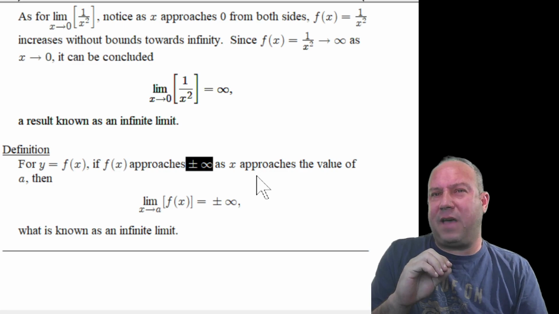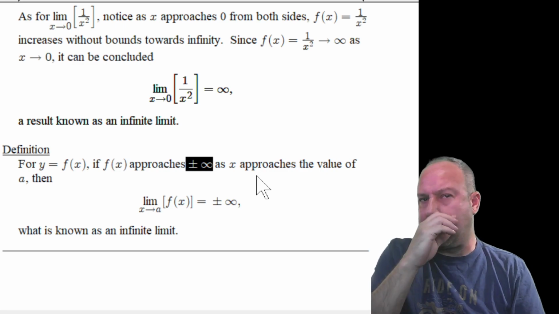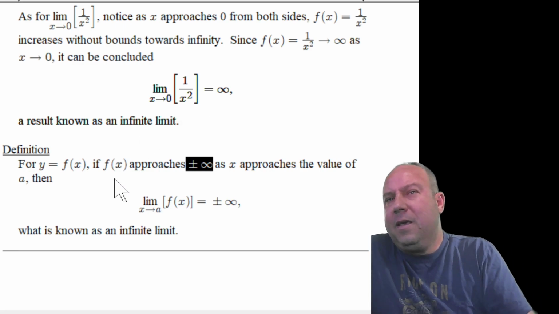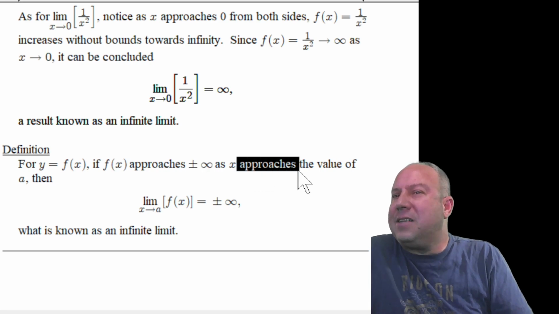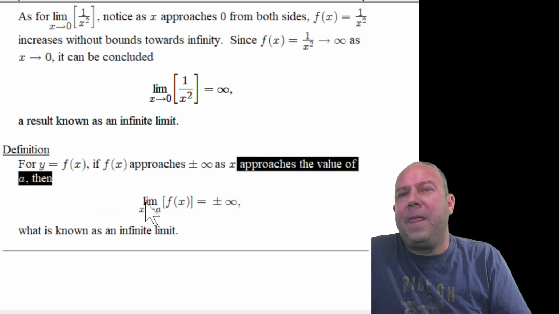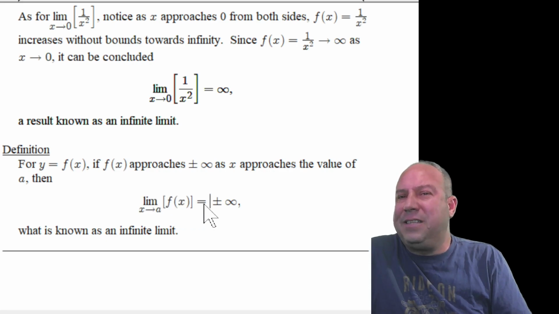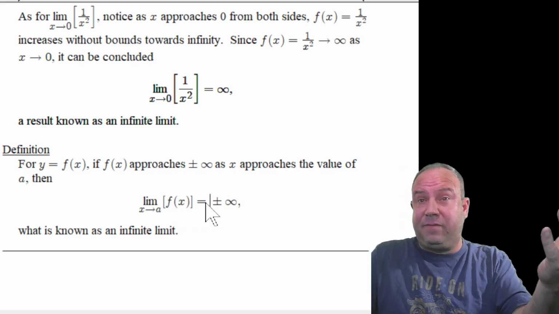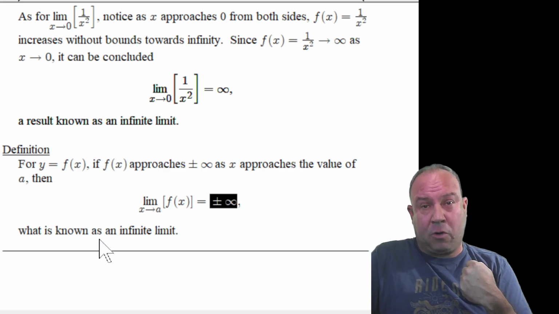In terms of f of x behavior, if the output of the function approaches plus or minus infinity as x approaches the value of a, then we say that the limit as x approaches a of f of x is equal to that value of positive infinity or negative infinity, which is known as an infinite limit.